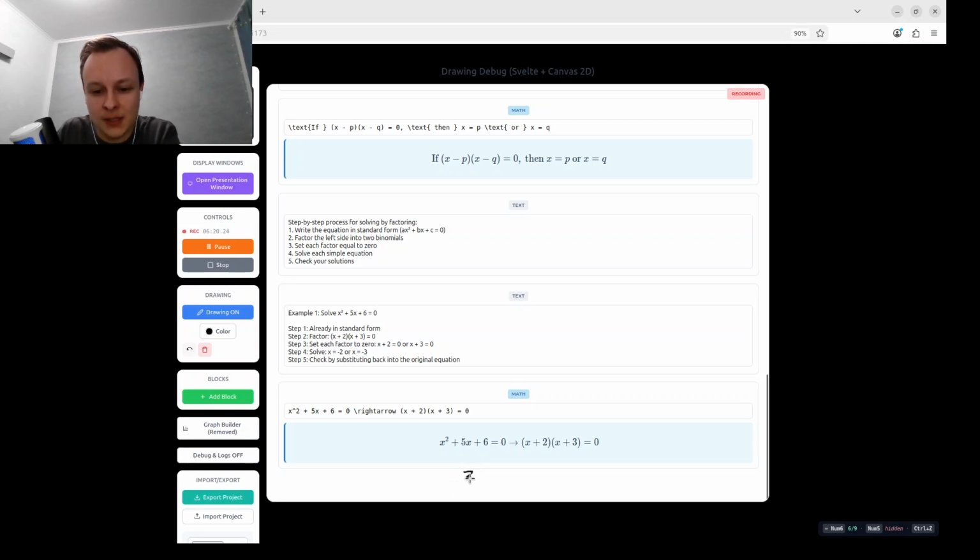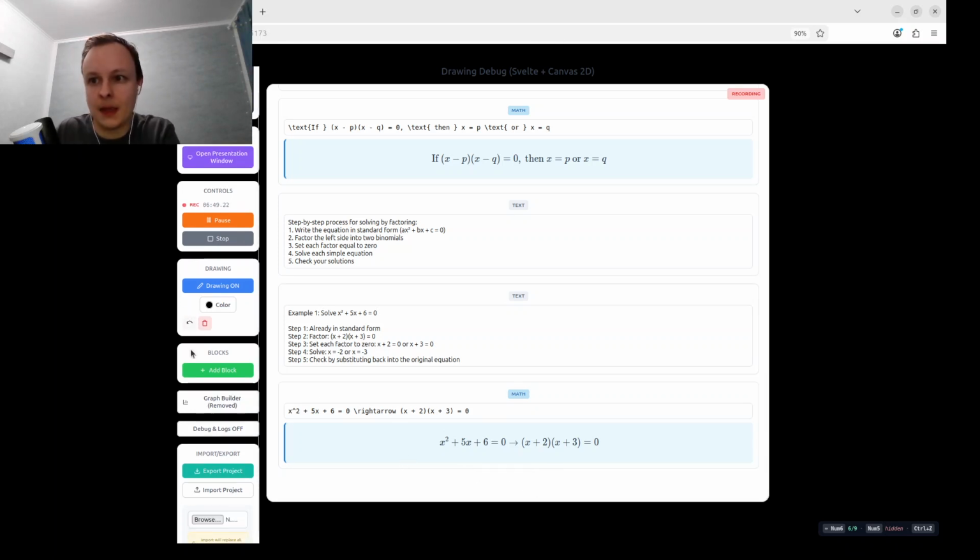And here we can see 2 multiplied by 3 gives you 6, and 2 plus 3 gives you 5. This is how it works in simple quadratic equations. So this is how we got this part.